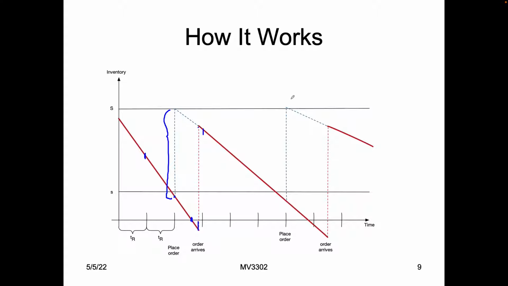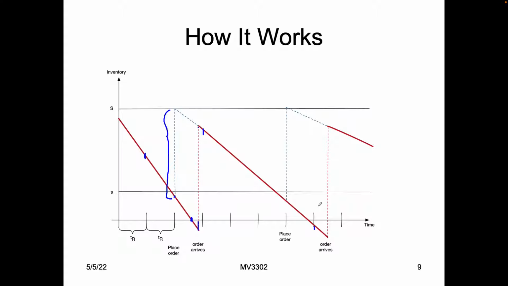Here we place another order, and as we're waiting for it to arrive, we hit another review and see we're in a back order situation, below our reorder point. What do we do?